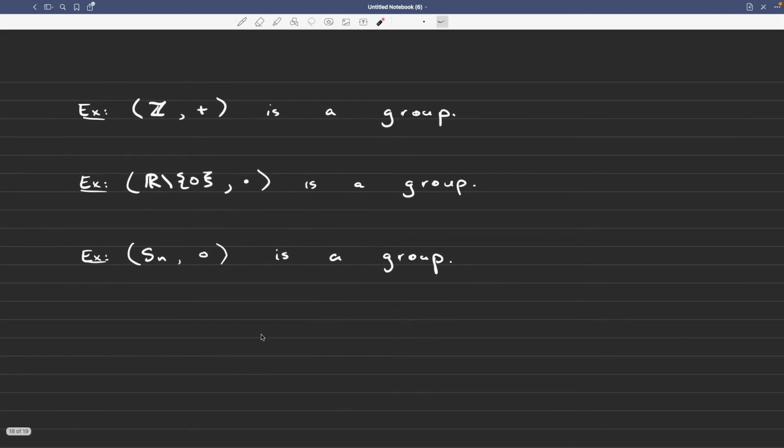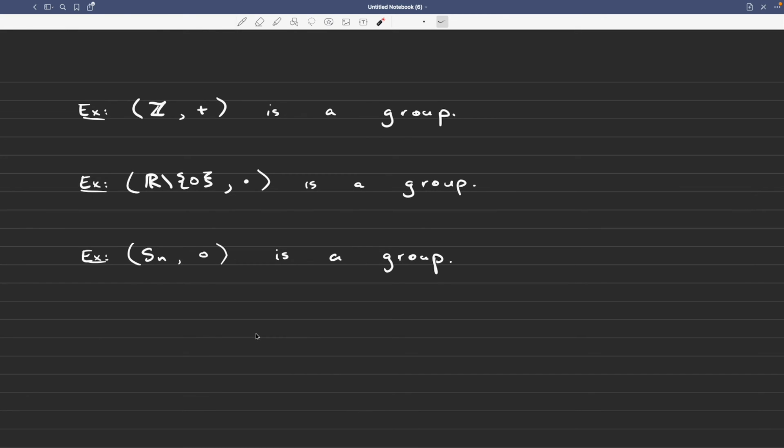I could take you to the land of matrices, but I won't get into that because I don't know that everybody taking this class has had linear algebra. But if you have, then all of the n by n matrices whose determinants are not 0 form a group with respect to matrix multiplication.